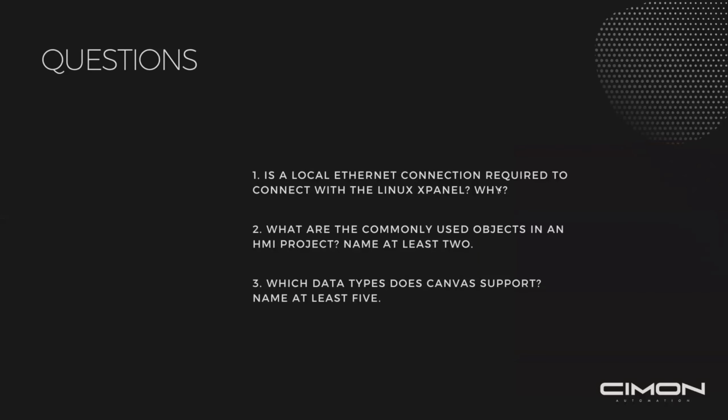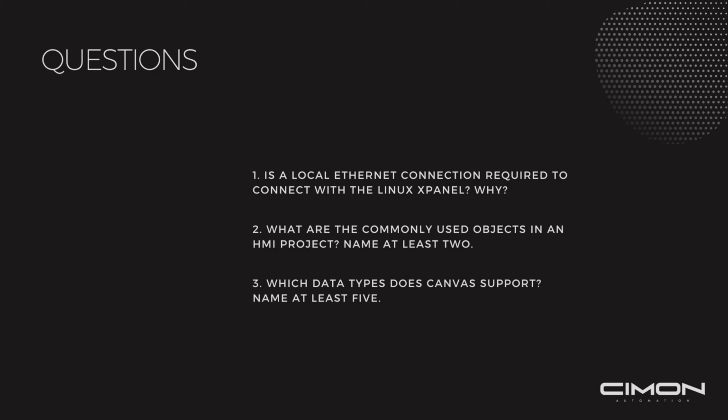All right, so some questions. Is a local Ethernet connection required to connect with the xPanel? Why? I'll give 5 seconds. So a local Ethernet connection is not required for the Linux xPanel. If you recall, I mentioned that there is a USB mini B port that you can connect to with your xPanel to your PC.